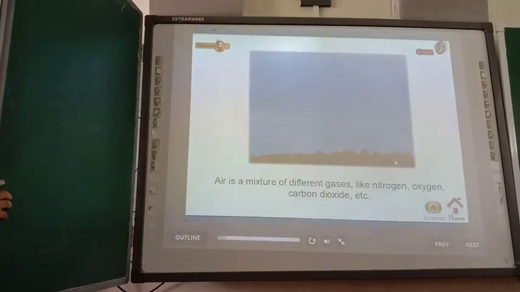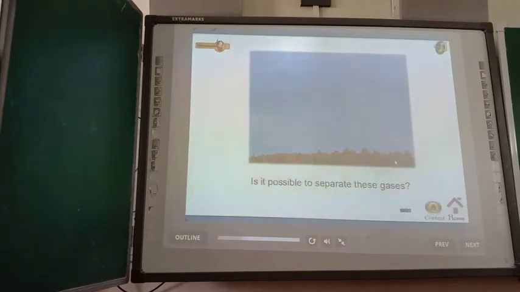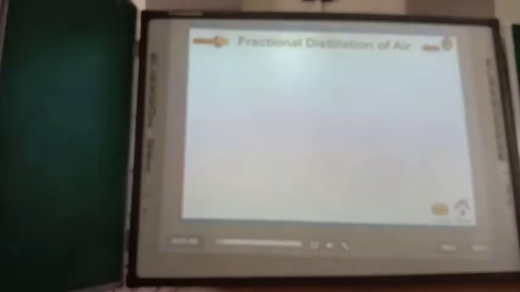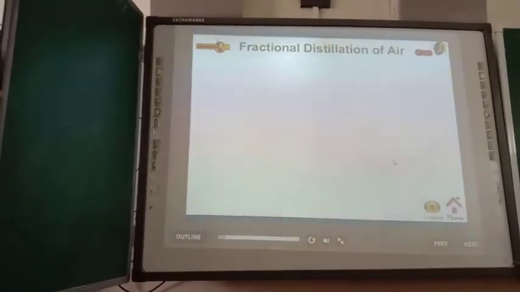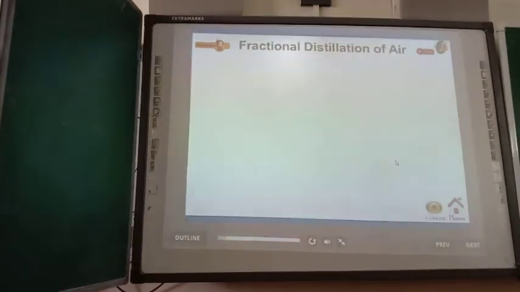We all know air is a mixture of different gases like nitrogen, oxygen, carbon dioxide, etc. So, is it possible to separate these gases? The gases present in air can be separated by the process of fractional distillation.